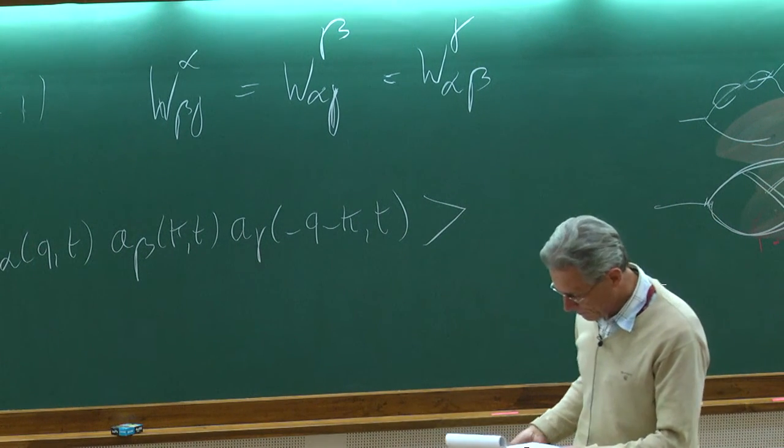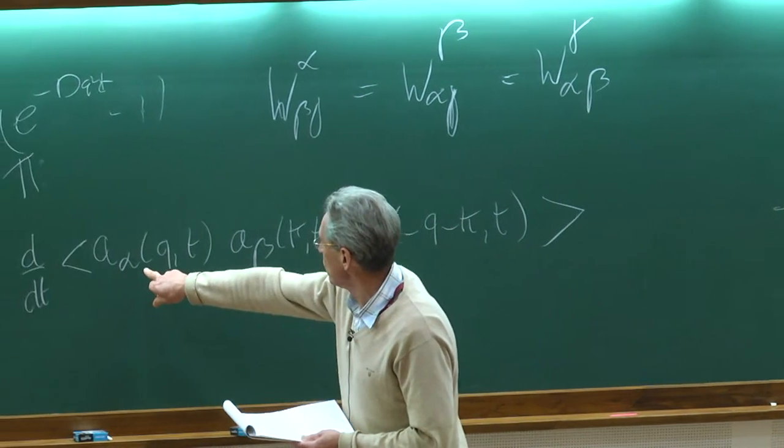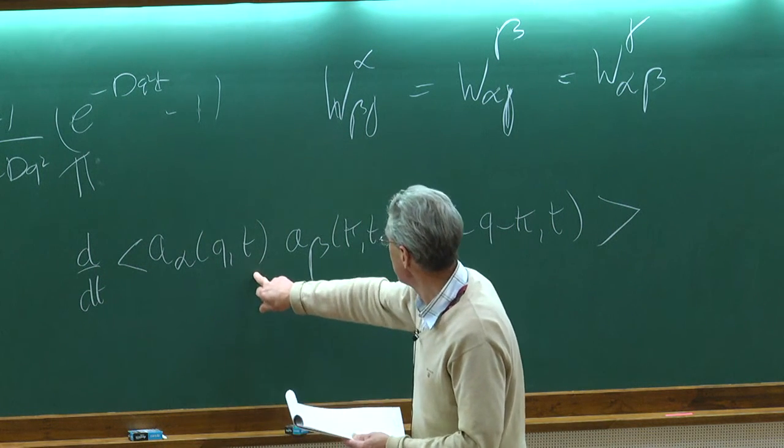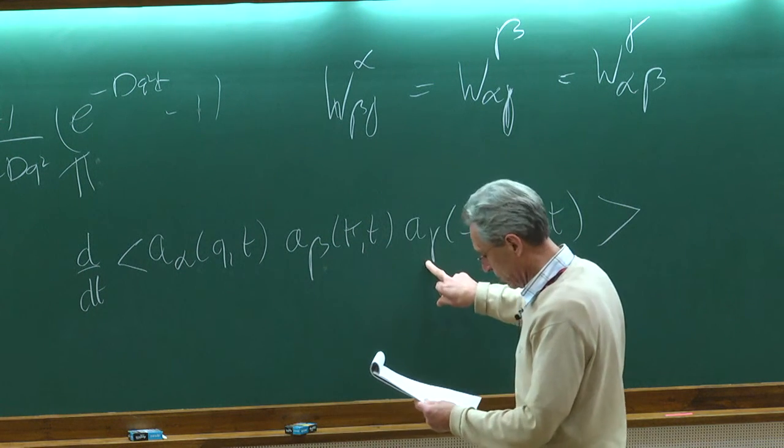But now if you work it out, well, first of all, if you let the d/dt act upon the A alpha, you get minus i nu alpha times A alpha, here minus i nu beta, here minus i nu gamma.